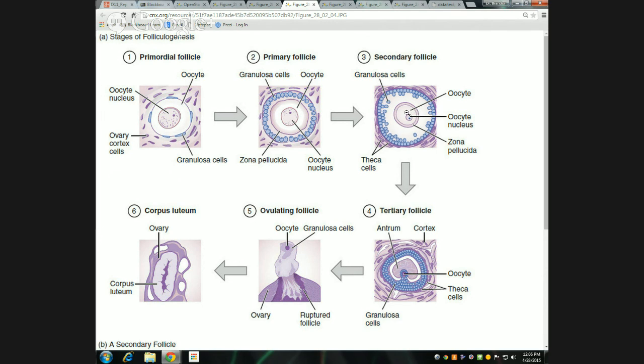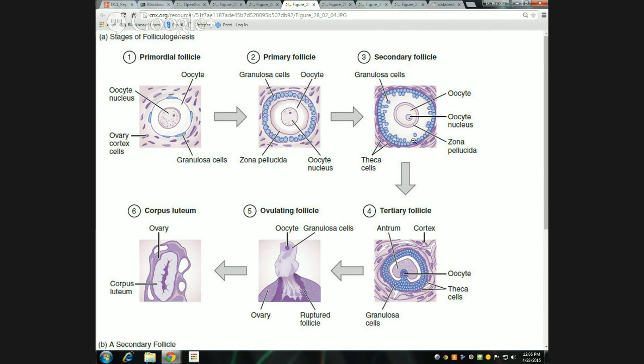At some point, the space around the oocyte that we see here grows to be rather significant in size, and we get to the tertiary or mature follicle. The oocyte now is depicted as a very small cell here, not because it's gotten smaller, but they've just changed the scale of the picture.